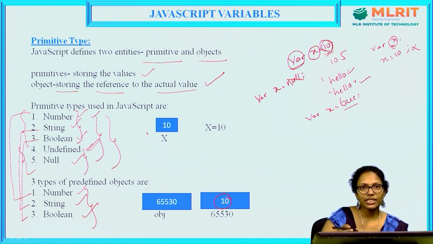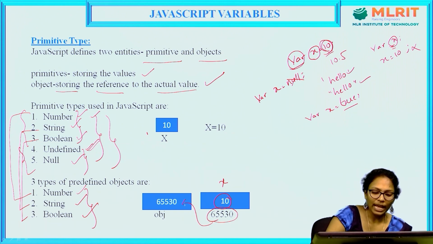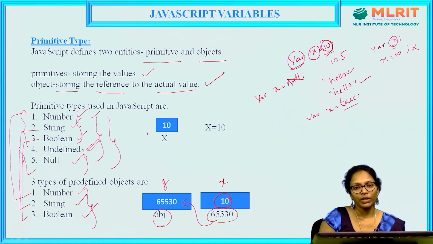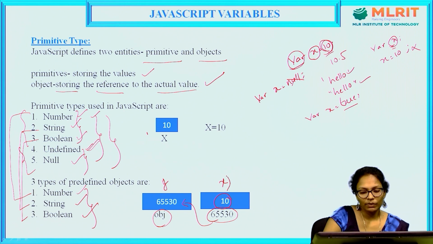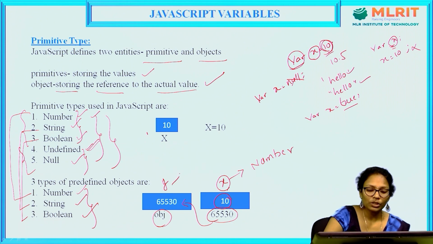Consider the variable name as x. What is the address of x? Address of x is 65,530. This I am storing as an object that I can call y. So here 10 is the actual integer value, that means it is a number, and y is also a number which will store the address of x.